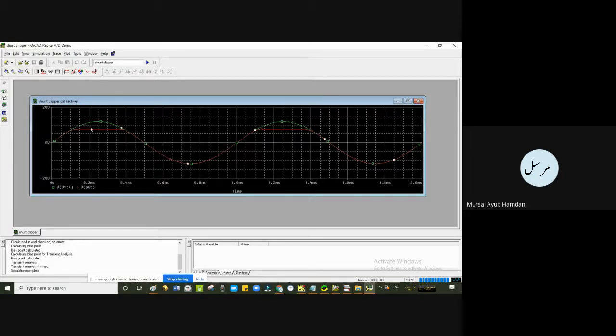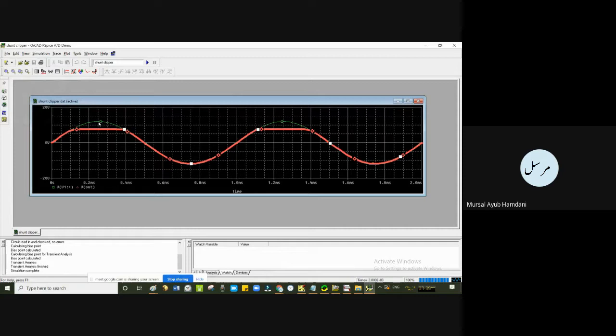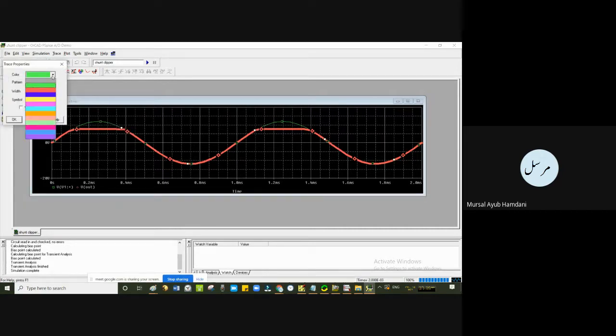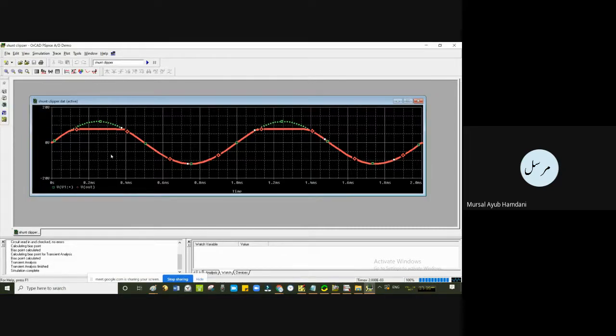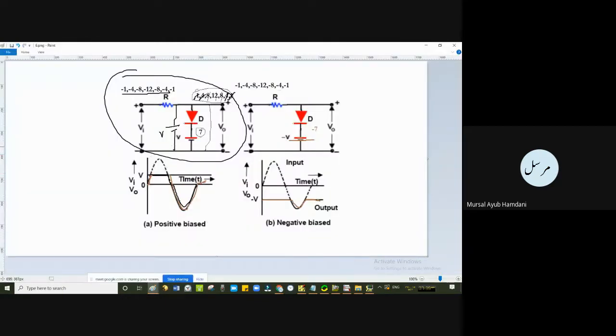Let me make it a little darker. So some portion of the input gets clipped, as we had discussed here. This portion getting clipped.